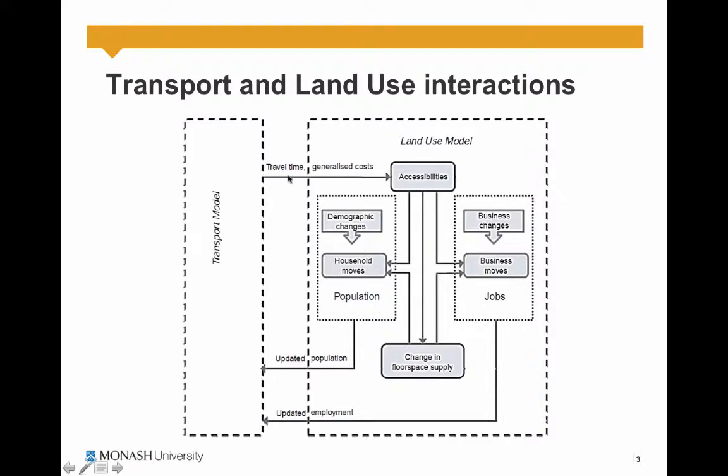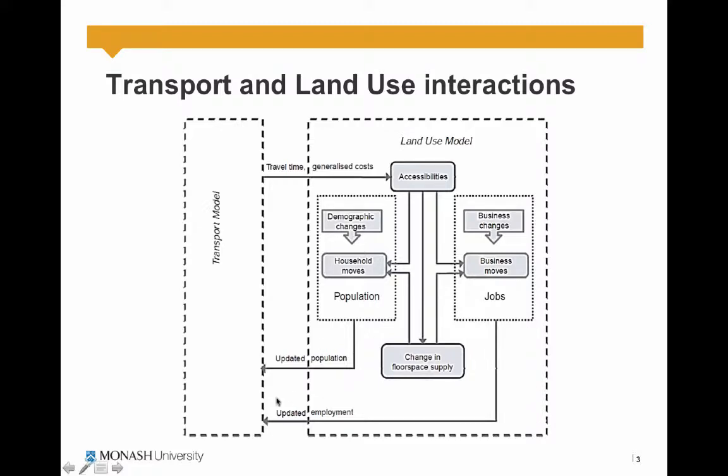So you get the travel times from the demand model and input them to the accessibility calculations. Then within the land use modeling framework, you predict the changes in population and the changes in employment, and as a result, you end up with a new distribution of population and employment for the future.